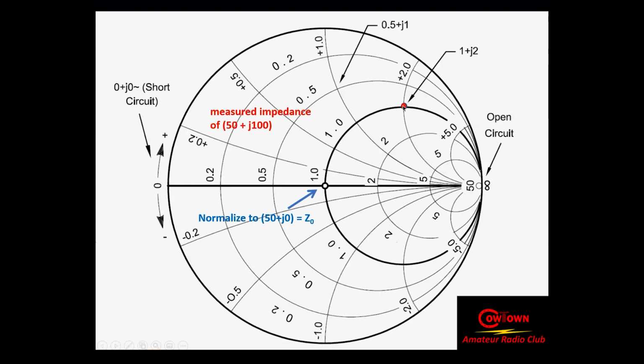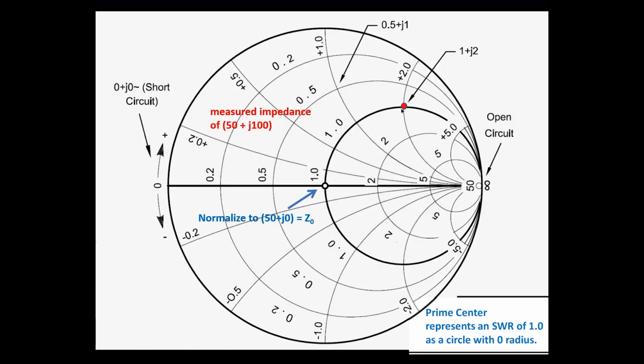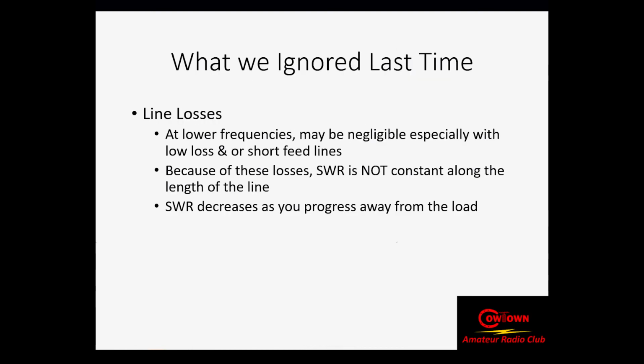I'm going to plot that over here on this side of the chart. Then I'm going to take a compass from here, reach out to this point with the other side of the compass, and draw a circle that is a constant SWR circle. So anywhere along that line, the SWR will be the same. Prime center represents an SWR of 1.0 to 1, and so it's a circle with 0 radius.